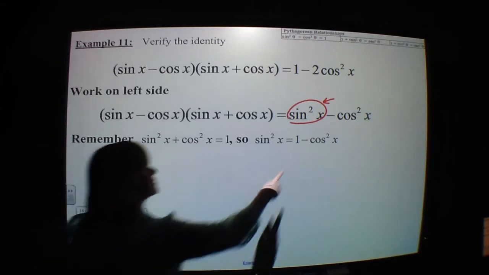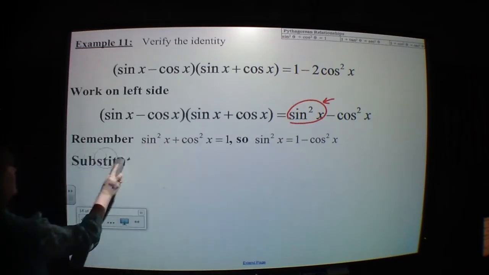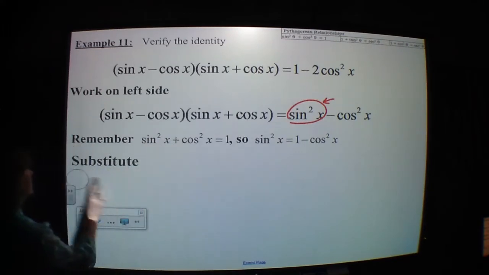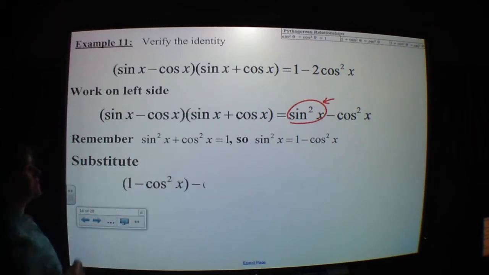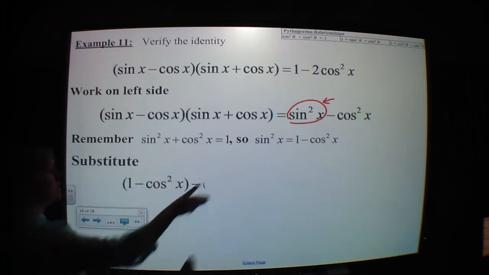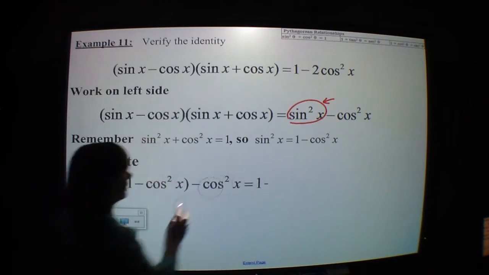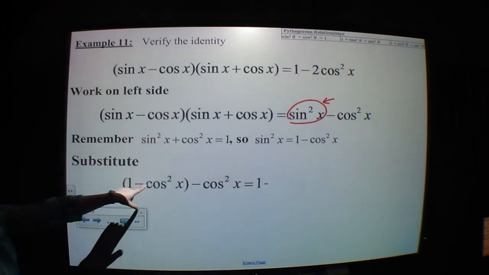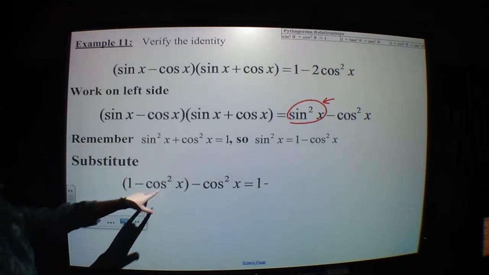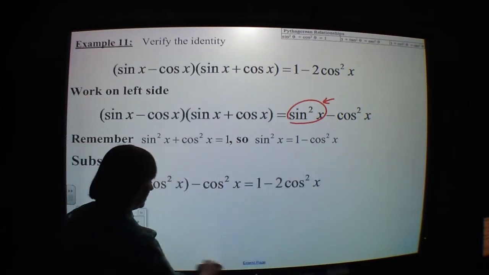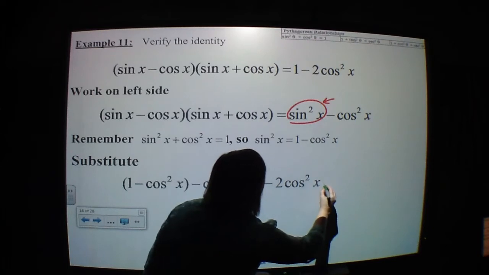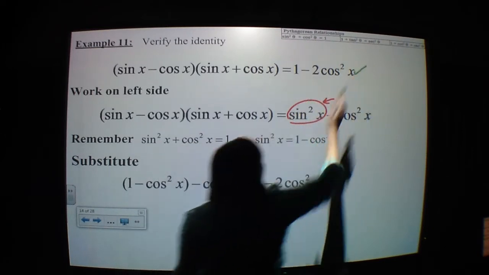So I'm just going to do a substitution here. So I have 1 minus cosine squared of x, that's sine squared of x, minus my cosine squared of x. 1 minus cosine, combine your like terms, so I have minus 2 of those. And voila, I just proved it.